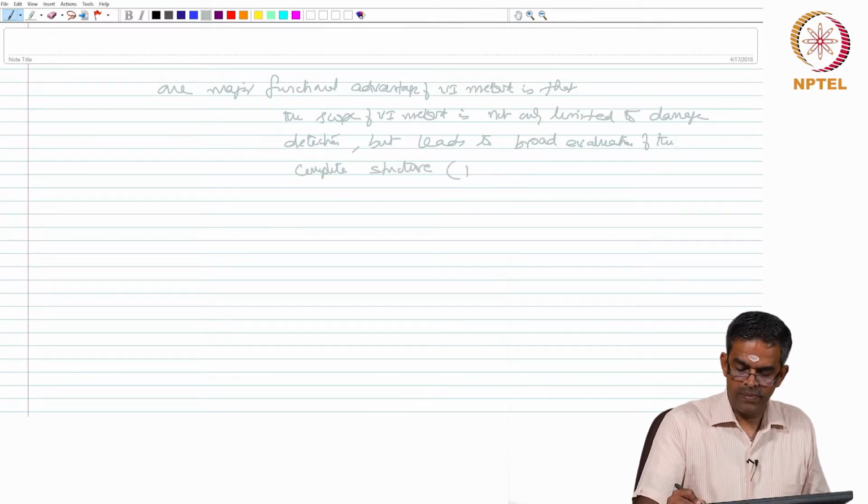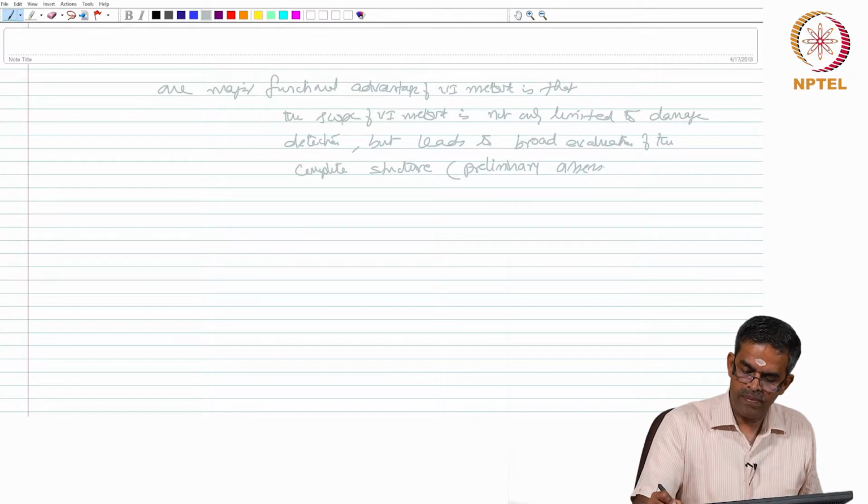That is, a preliminary assessment of the structure is possible with visual inspection.